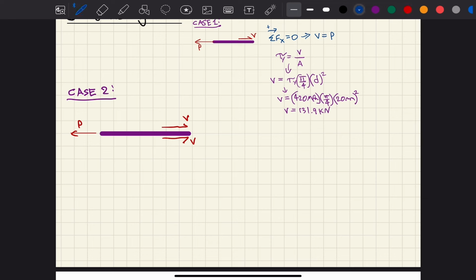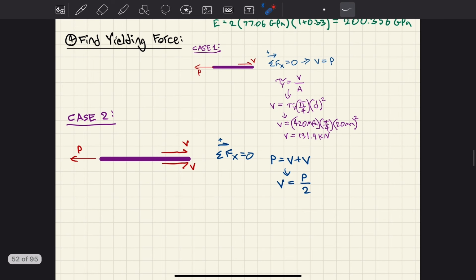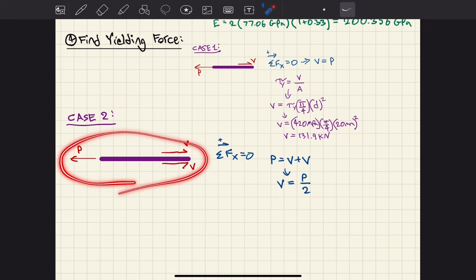If I do the summation of forces in the x direction, set it equal to 0, I'm going to end up getting that P is equal to V plus V, and therefore V is equal to P over 2. So in this case, I'm going to do exactly what I did before, but instead of saying V is equal to P, I'm going to have to say that my V is equal to P over 2, because I'm having two shear forces.